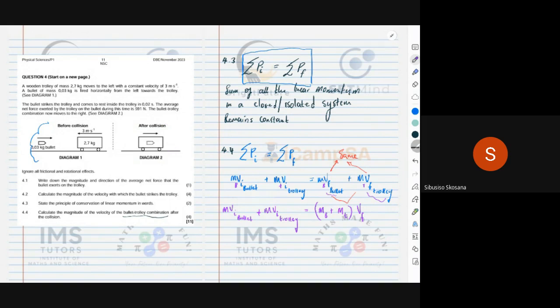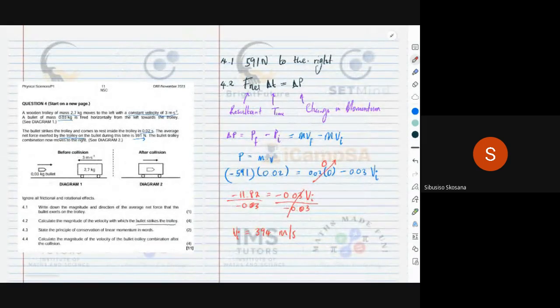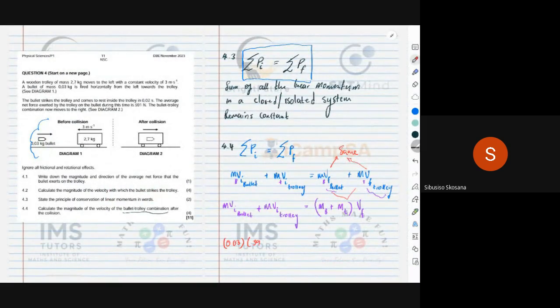Now we can substitute our values. Initially, for the bullet, we have 0.03 times the initial velocity of the bullet, which is 394, plus the mass of the trolley, 2.7, times minus 3.